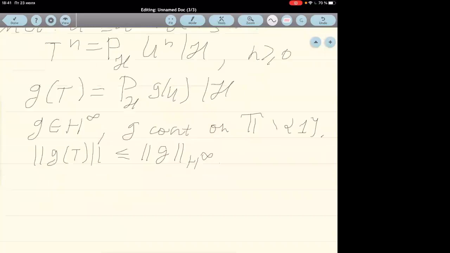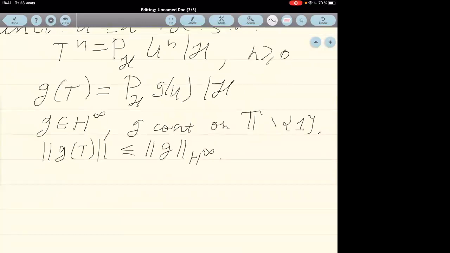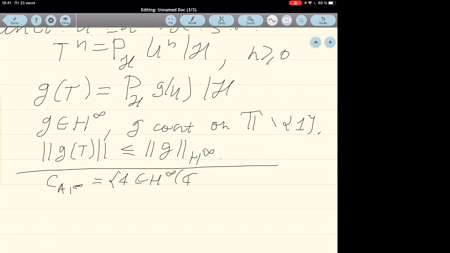Okay, how can this help us to define functions of dissipative operators? We consider the class, say, CA infinity. It's the set of all functions f in H infinity on the upper half plane, such that f is continuous on the real line.